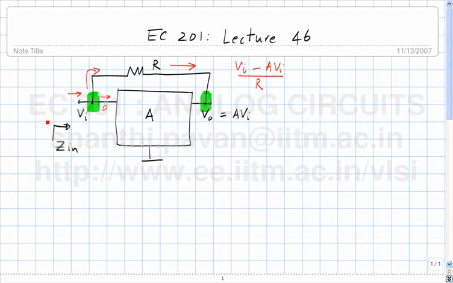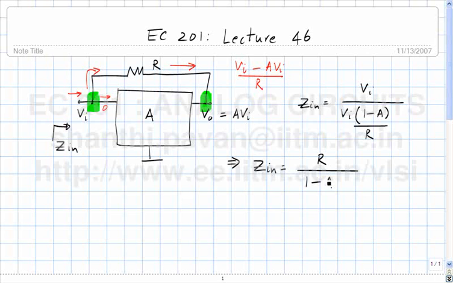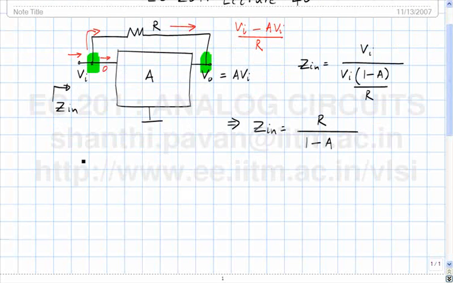So the total current being drawn from the input source is, so Zin is nothing but the voltage you applied divided by the current that's drawn from the source, and the current drawn from the source is nothing but Vi times 1 minus A divided by R, which means the input impedance looking in is R divided by 1 minus A. Simple enough.